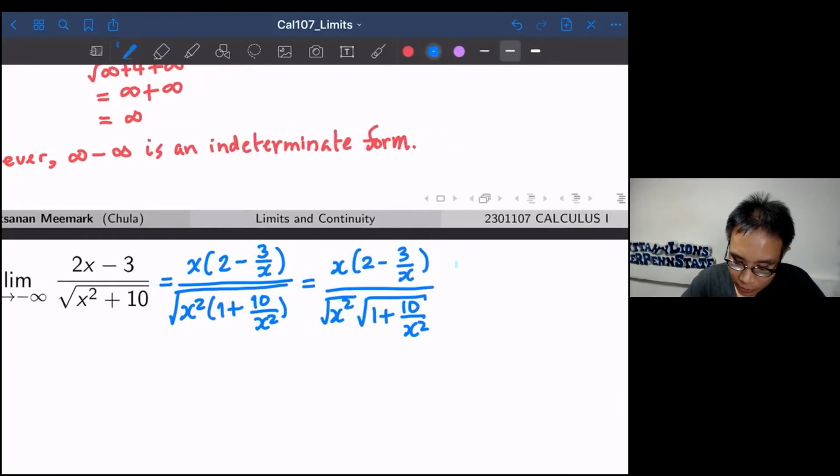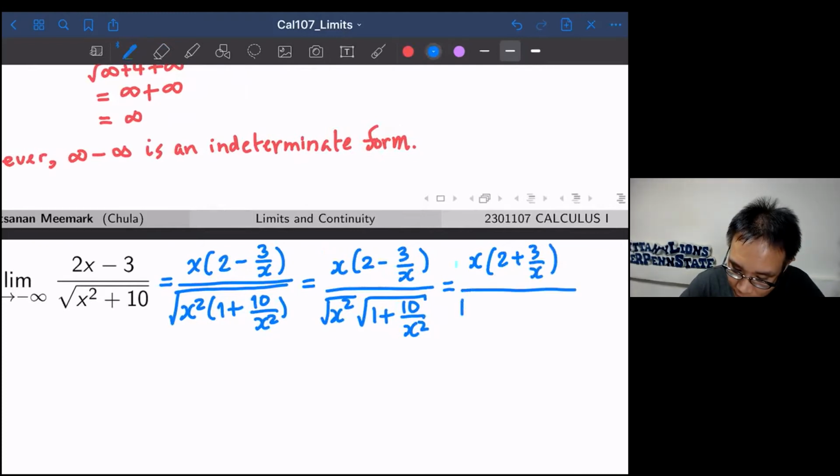However, the square root of x squared turns out to be the absolute value of x, and this is the square root of 1 plus 10 over x squared.